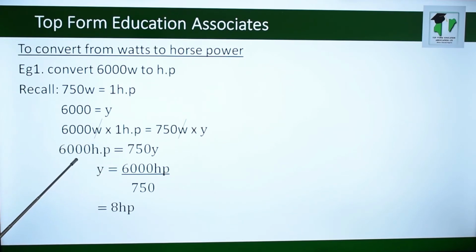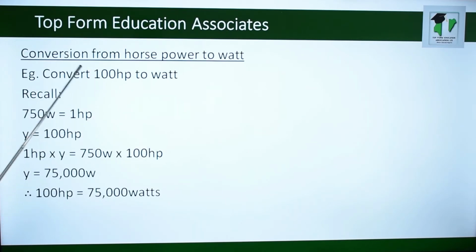You have 6,000 horsepower is equal to 750 Y. So we're looking for the value of this Y now. So we have 6,000 horsepower divided by 750. And if you divide through, you're going to have 8 horsepower. Therefore, 6,000 watts equal to what? 8 horsepower.